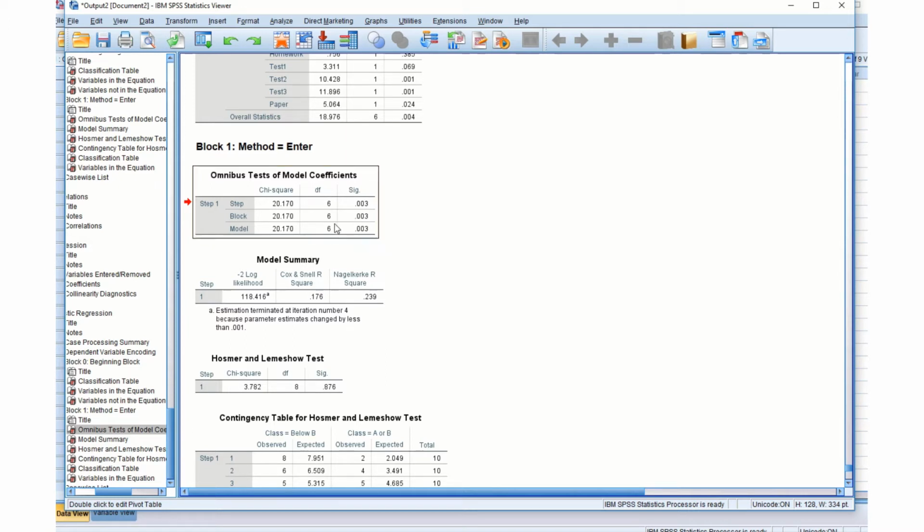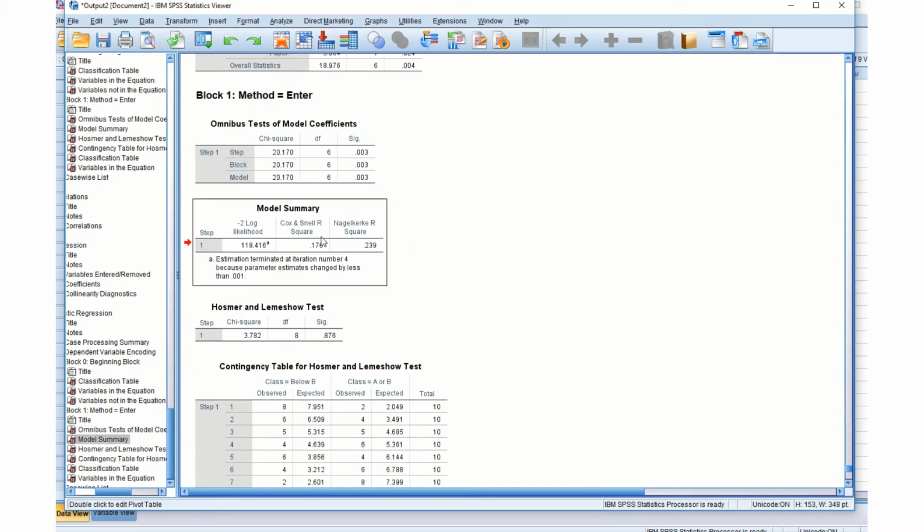So this is one indicator that our model will be significant, and we have 0.003 and a chi-square test that suggests that this model will be significantly better than a baseline model. But we're not going to worry about or report that right now.